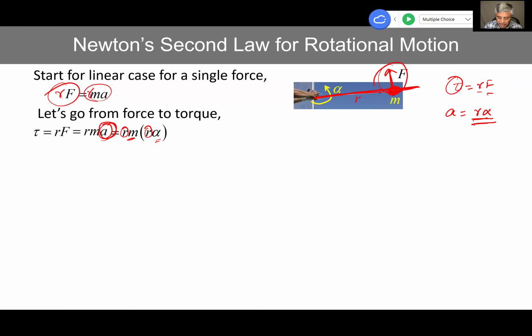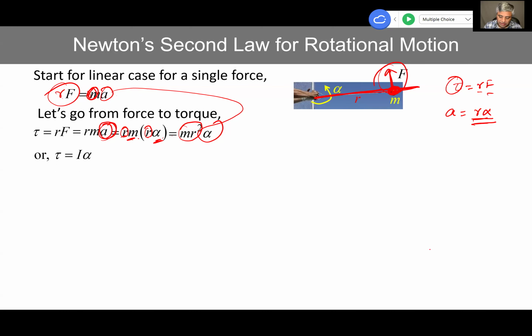So instead of just being M times A, like this, now what we have is R square times M times alpha, okay? So this A is equivalent to alpha, so this mass must be equivalent to mr square. So mr square now behaves like an inertia, just like I briefly talked about in the last class as well.